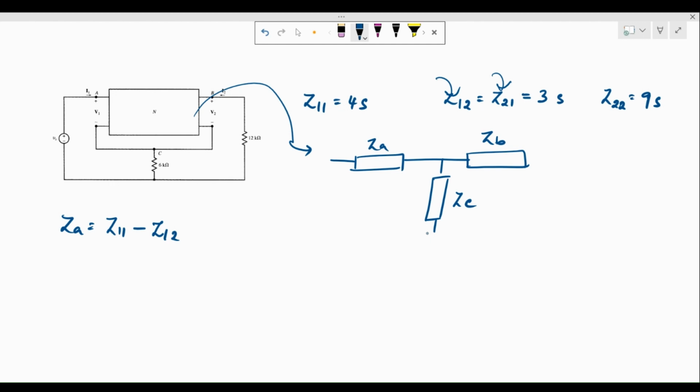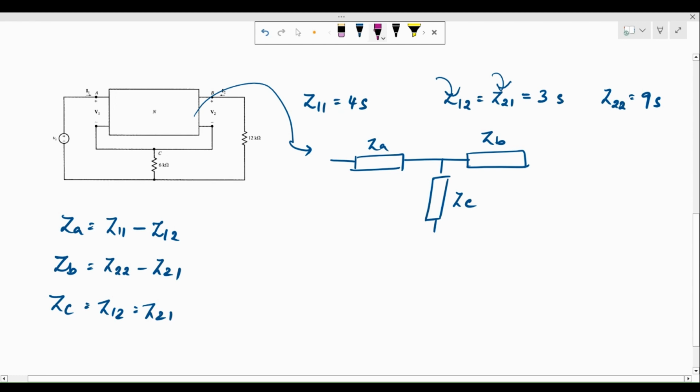It is not necessary that the T equivalent exists for all networks. Only for reciprocal networks will we have the T equivalent. Now that we have made sure that it is a reciprocal network, we can obtain its ZA, ZB and ZC values. ZB would be given as Z22 minus Z21, ZC as Z12 or Z21 since both are the same.